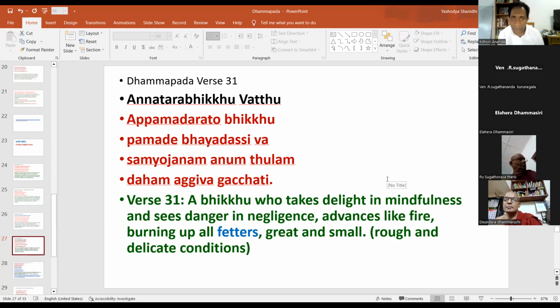These are the two different fetters. Generally, there are 10 fetters, so I think you all are aware. But according to Buddha here, we can generally categorize fetters into two aspects, Anu and thula, rough and delicate types of fetters. We get very rough, painful, suffering experiences from thula fetters.